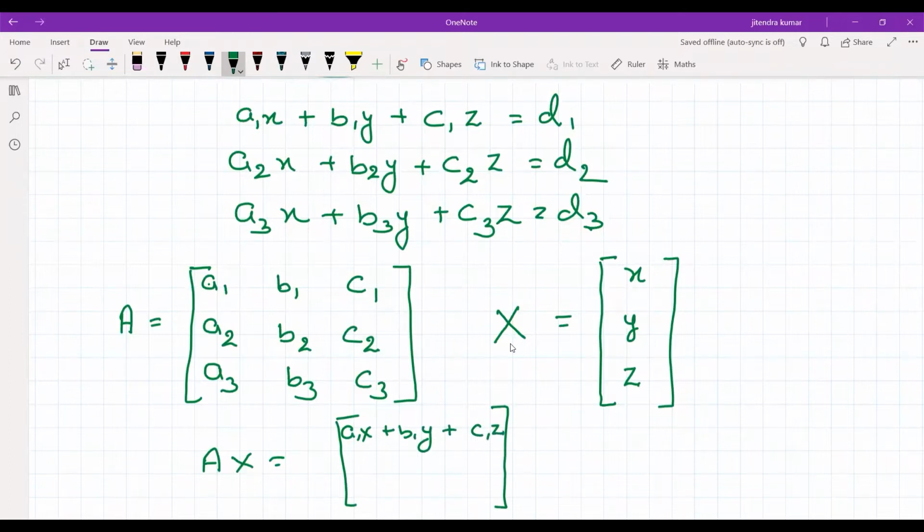Okay, you can see here. Similarly, when we multiply the second row with this column, you will get a2x plus b2y plus c2z. So that is the reason we have taken the matrices A and X in this way.